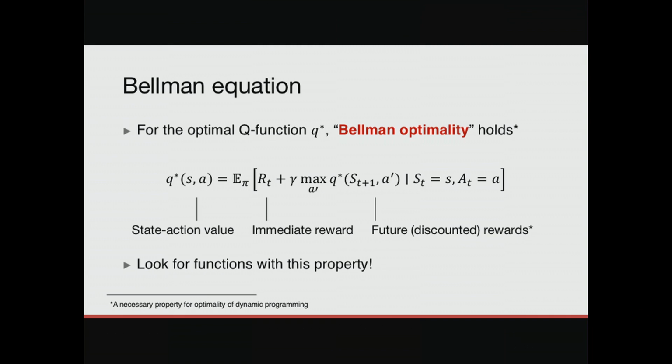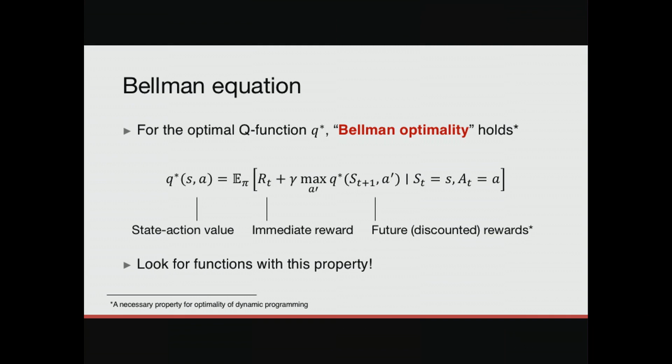So if I have a good idea of how good it is to take action A in S, it should both incorporate the immediate reward that I get, that's R_t, and how good that choice was going forward. So think about mechanical ventilation. As I said before, if we put a patient on mechanical ventilation, we have to do a bunch of other things after that. If none of those other things lead to a good outcome, this part will be low, even if the immediate return is good.